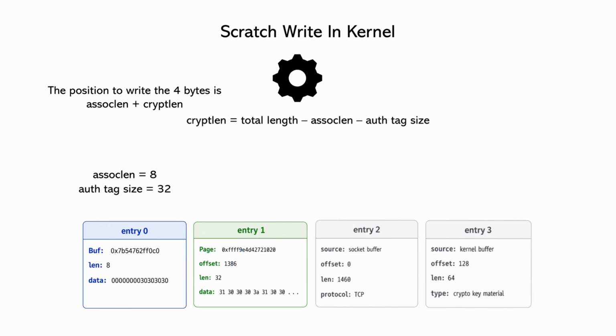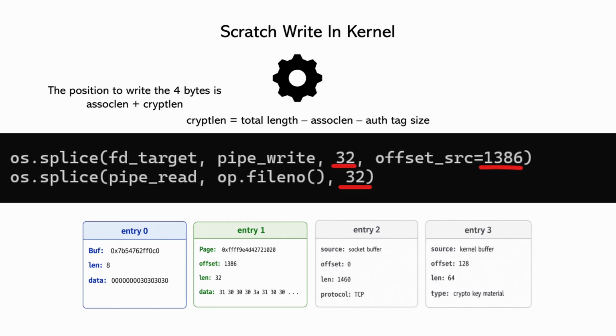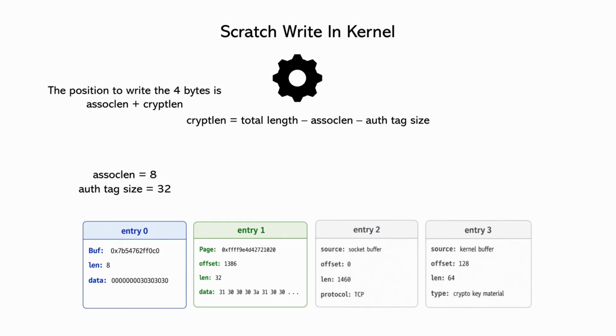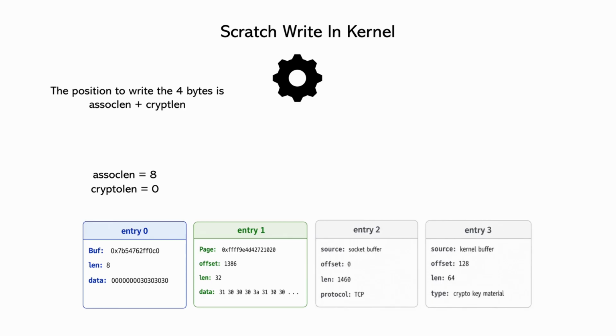Auth tag size is 32 bytes, as that is what we spliced in earlier. So cryptlen becomes 40 minus 8 minus 32, which equals 0. That means the scratch write offset becomes assoclen plus cryptlen. 8 plus 0 equals 8.